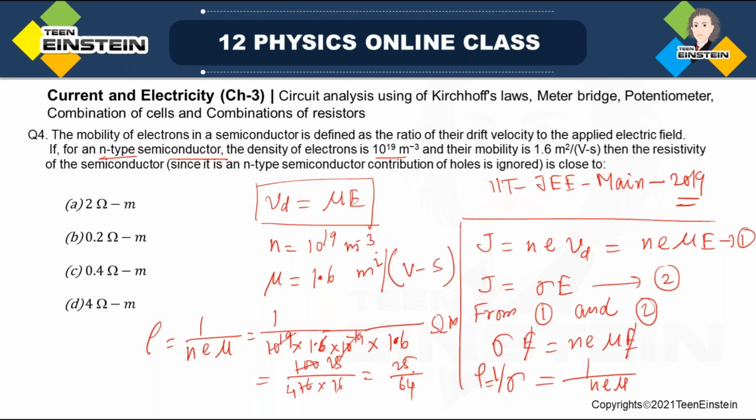If you further simplify this, it will be nearly 0.4 ohm meter. So this will be the correct answer for this case. You can do the calculation part and see.